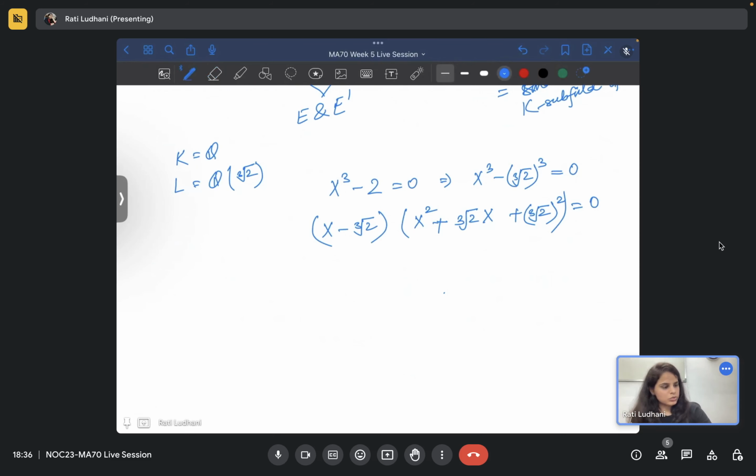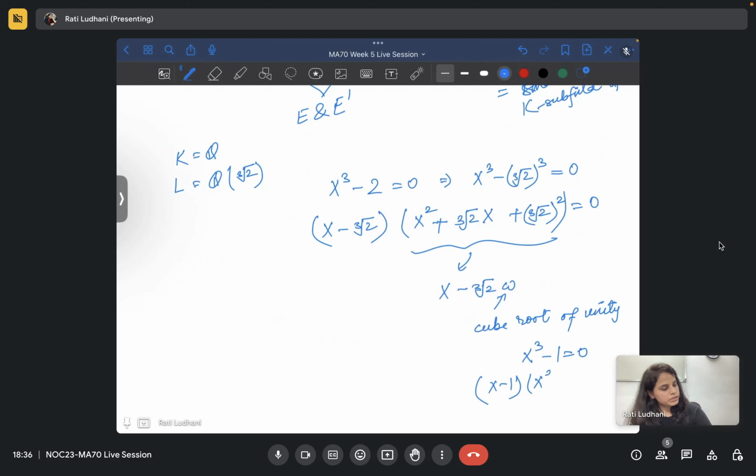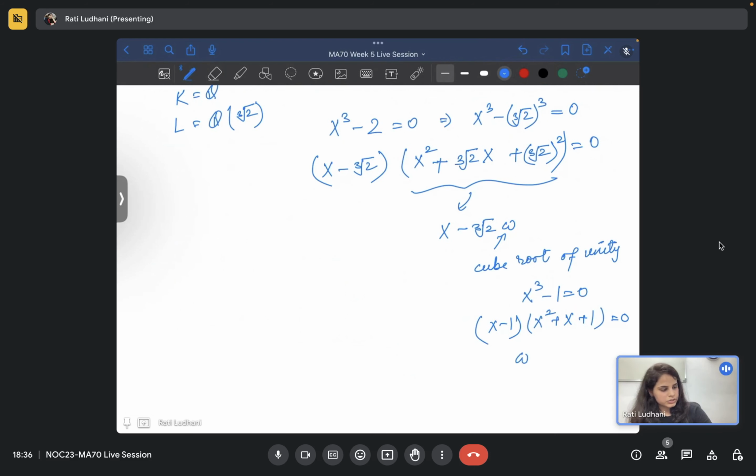Now this polynomial will have roots, it will split, so you have omega, the cube root of unity. Non-trivial cube root of unity means, x cubed minus 1, the roots are 1 and then minus 1 plus or minus root 3i by 2. So the roots of x cubed minus 1 are 1, and there are two roots from here.